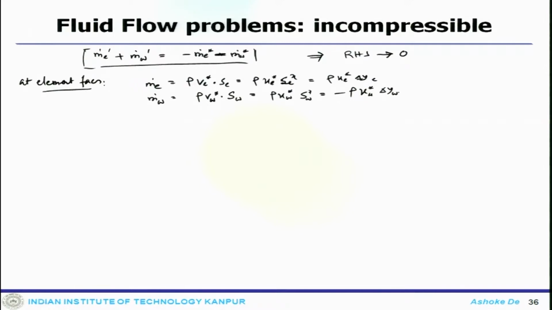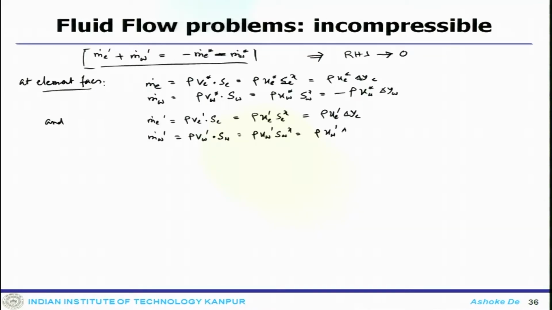And m dot E prime equals rho V prime dot AC, which is rho u prime ACX, which is rho u prime delta Y E. Similarly, the correction for the west face is rho VW prime dot SW, which is rho uW prime SWX, rho uW prime delta YW.